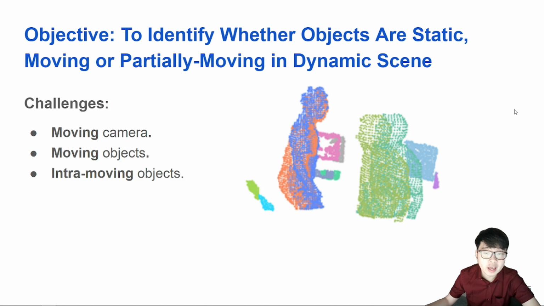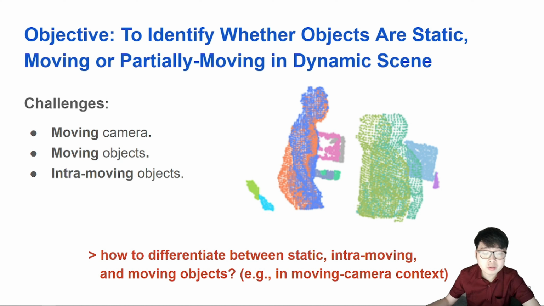And thirdly, we have to also deal with intra-moving objects, as we discussed: how to identify a person who is tilting the head while talking or waving their hands at each other in dynamic scenes. So the fundamental question here is to differentiate between static, intra-moving and moving objects, and we can extend this question into the context of moving cameras.